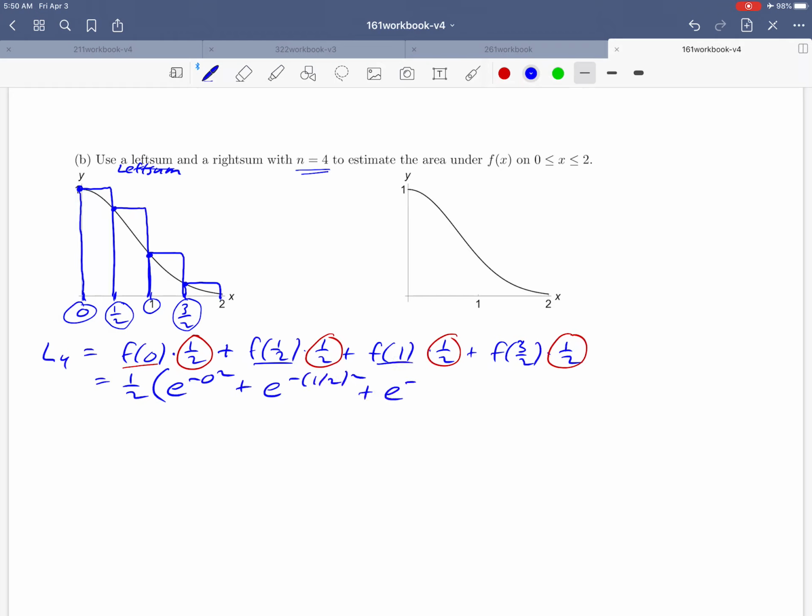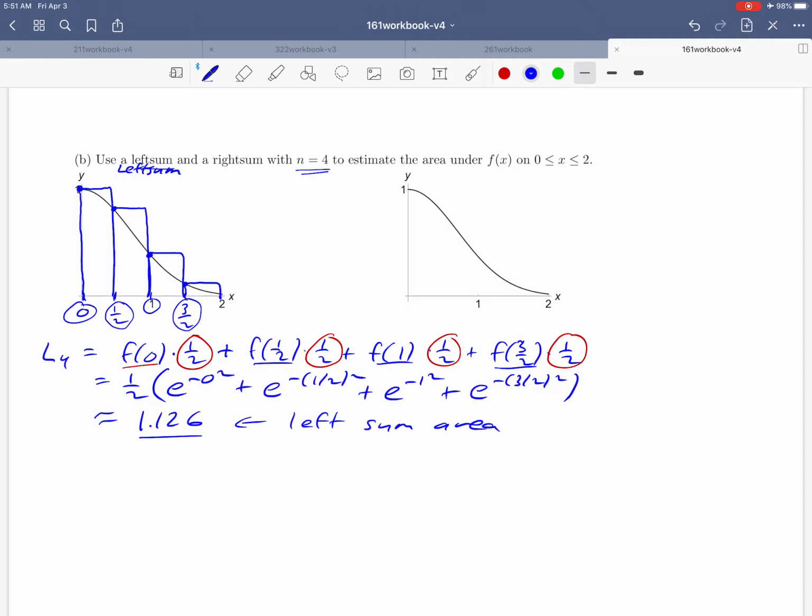We just continue on our way. Then this is a job for your calculator, and when you do this, make sure to be careful with your parentheses when you're entering it, and hopefully what you end up with is an estimate of 1.126. That's our area sum using those left rectangles.